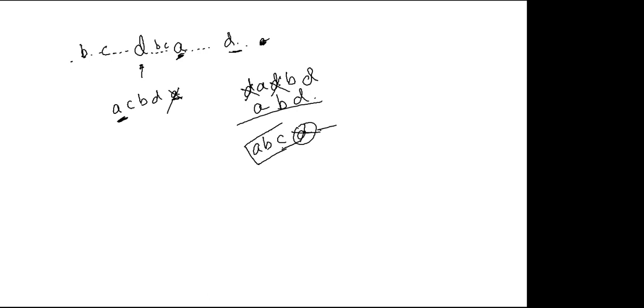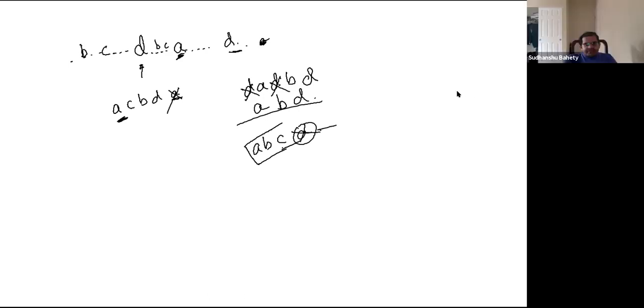Sir, can we discuss the time complexity of this? Time complexity? So what do you think? We are iterating through once, right? Every element we are checking only once, and it's getting pushed into the stack once, and it is getting popped out of the stack exactly once.